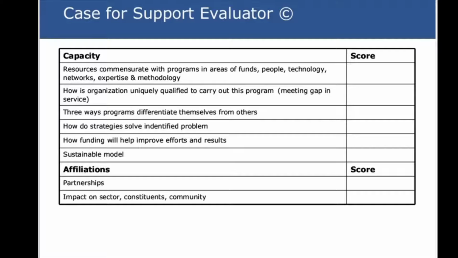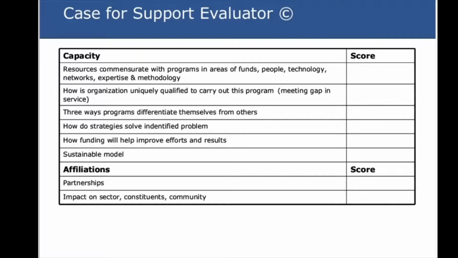You want to do that by showing that the resources, in terms of funds, people, technology, networks and all of that, are the right ones to fit with the correct programs. That you are qualified, either through the knowledge on your board, the expertise of your staff, your history, or your approach, and that your organization is uniquely qualified within the community to implement the programs and fulfill the mission.